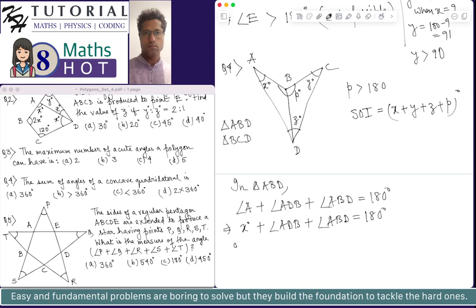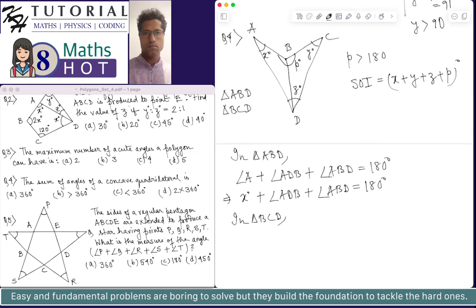Again in triangle BCD, using the angle sum property, angle C plus angle CDB plus angle CBD should be equal to 180 degree.